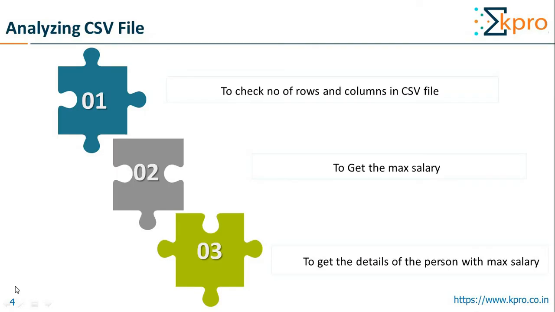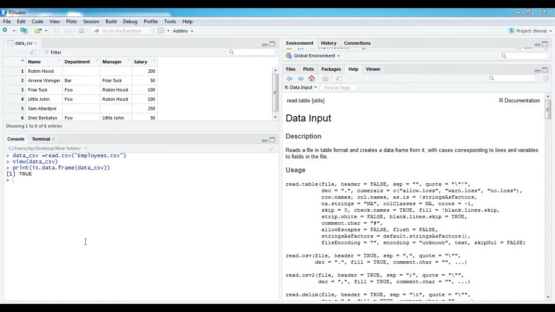Now we will analyze the CSV file we have just read. We will check what is the total number of rows and columns in our CSV file, who is getting the maximum salary, and what are the details of the person who is getting the maximum salary. We have already created a data frame for our CSV file.